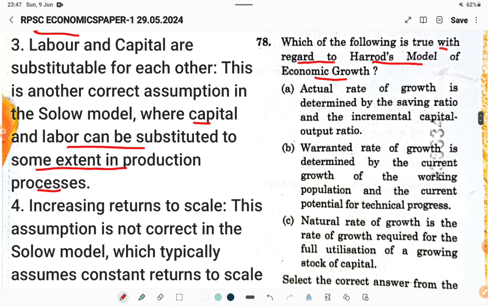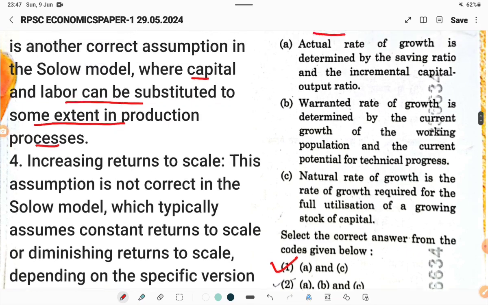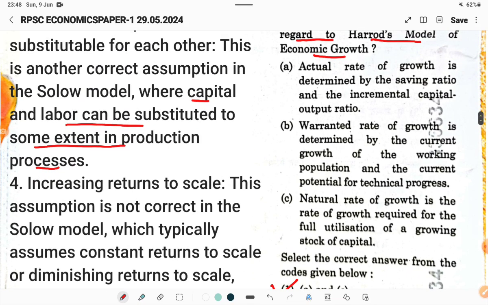So in the Harrod model, the actual rate of growth is determined by the saving ratio, the proportion of income saved and invested, and the incremental capital output ratio, the amount of capital required to produce an additional unit of output. This relationship helps determine the actual growth rate of an economy. And so the first statement is right here.